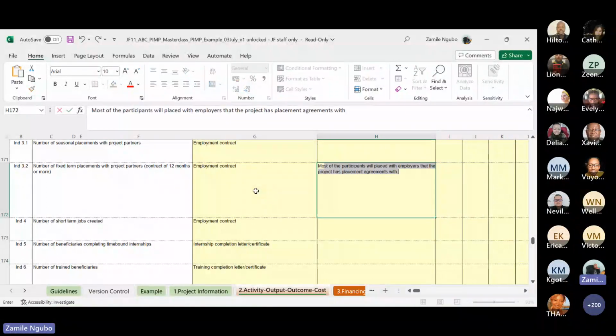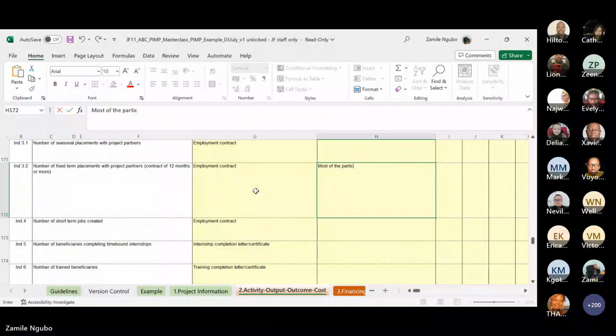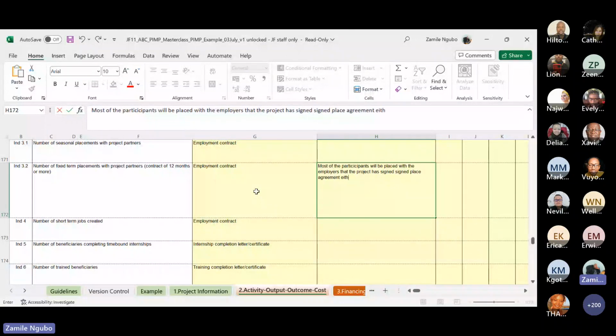So most of the participants, this is an assumption, will be placed with employers that the project has signed placement agreements with.